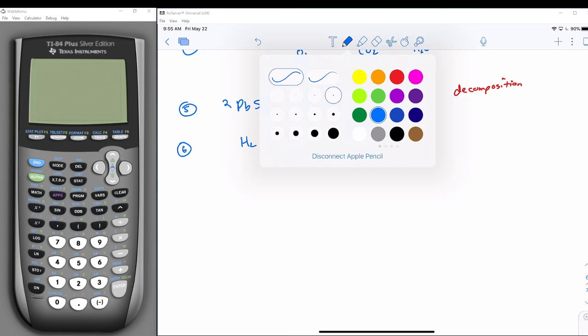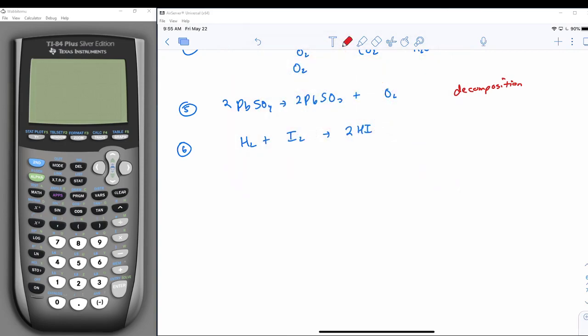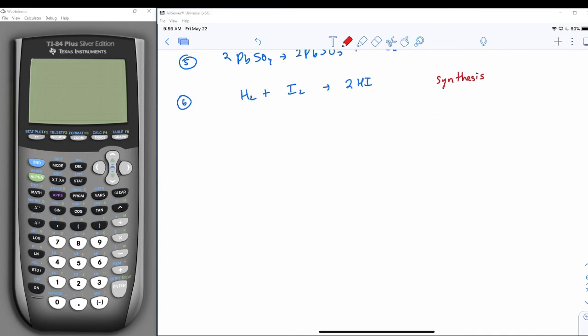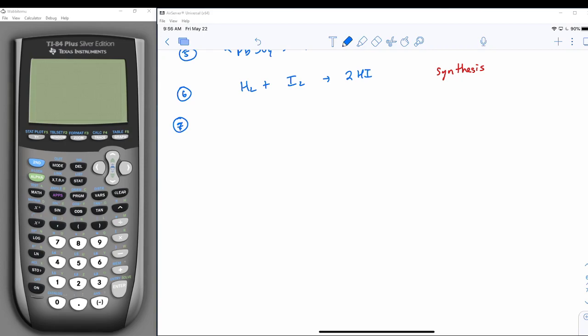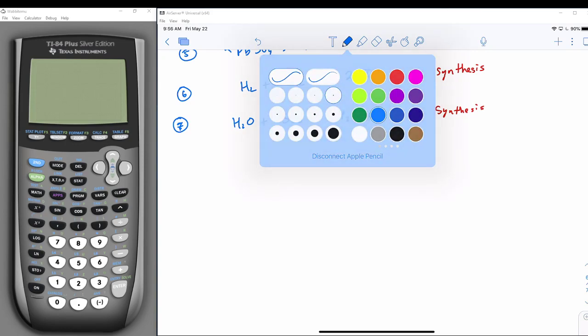We need 2 HIs. So therefore this is synthesis. 7. H2O plus SO3 is H2SO4. It happens to already be balanced. And this is also synthesis.